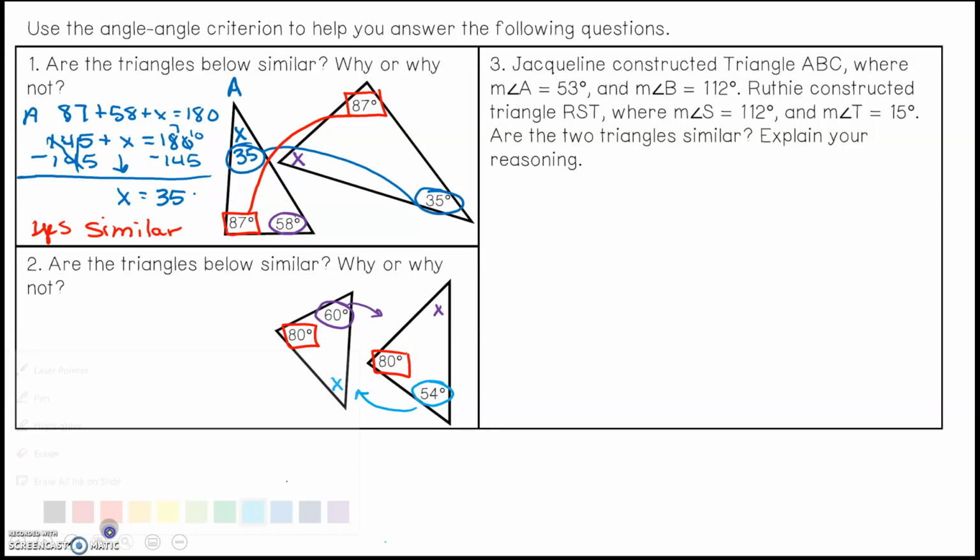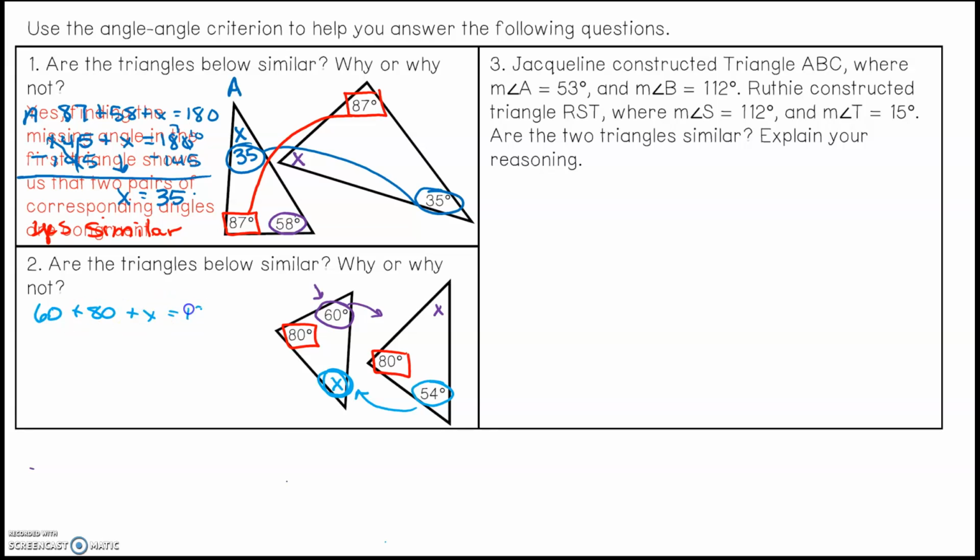So starting with the first one, let me go back to purple. We're going to look at that blue one first. So I'm going to add up all three angles. So we're going to do the 60 plus 80 plus x equals 180.